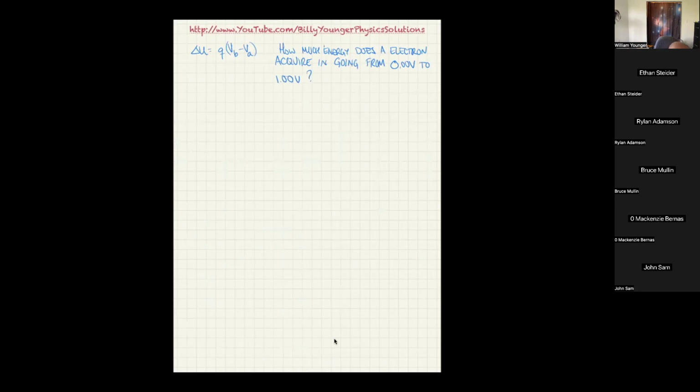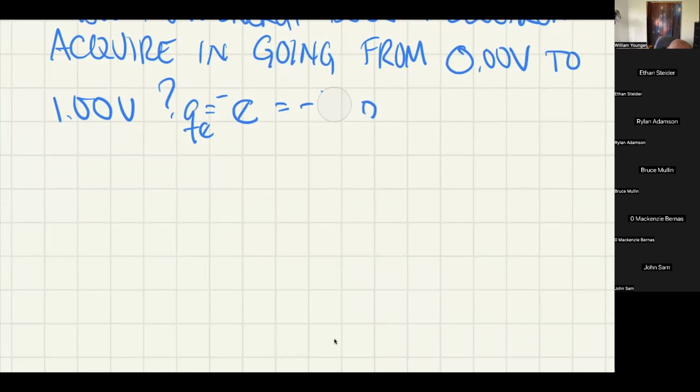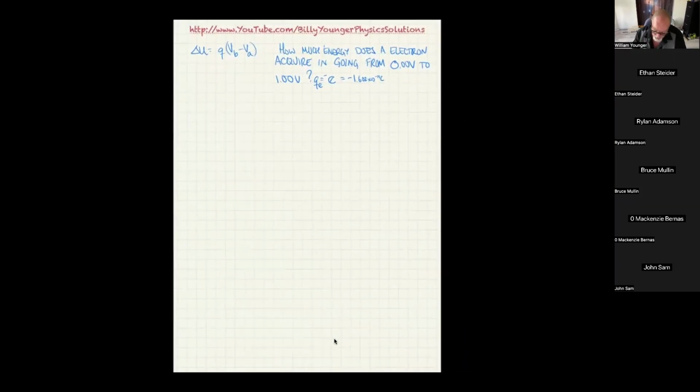Okay. So what we know is the charge of the electron is Q sub E, which is the negative of e, which is negative 1.602, dang it, my decimal did not show up very well there, 1.602 times 10 to the negative 19th coulombs. That's the actual charge.